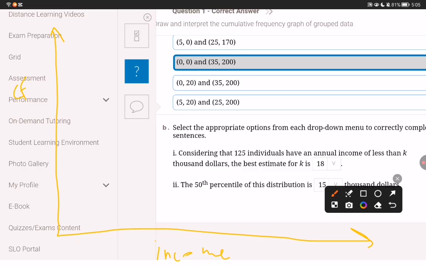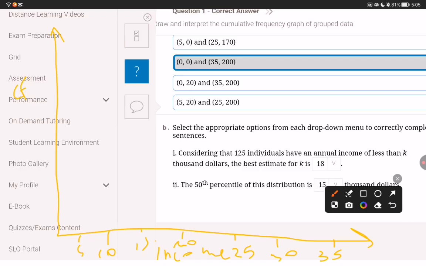So 5, 10, 15, 20. Sorry for the handwriting, by the way. I don't know if it shows or not. So 5, 10, 15, 20, 25, 30. And we can stop at 35 because that's our last value.